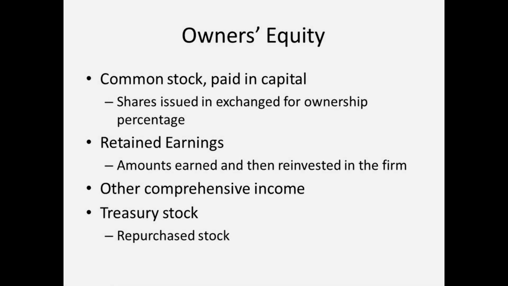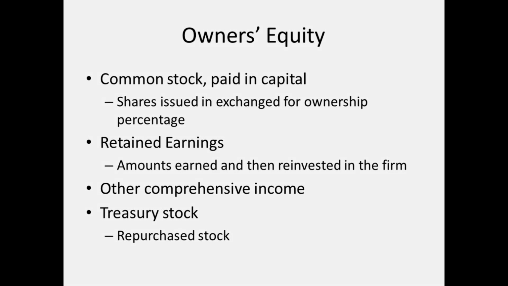Why else might I want to buy back shares of my company? Well, maybe I don't like the fact that you all own my company and I'd like to have more control. So I might buy back shares for that reason, for control. Another reason is I plan on using the stock to compensate my managers. I need some stock on hand to do that, so I buy back the shares and then distribute them to my executives.